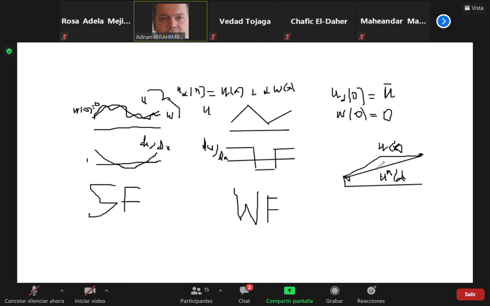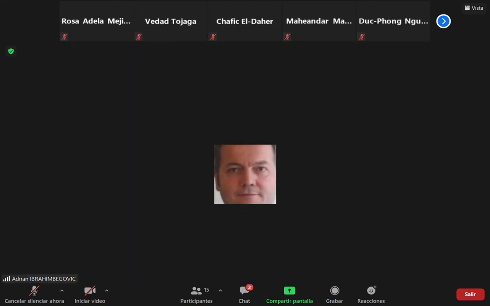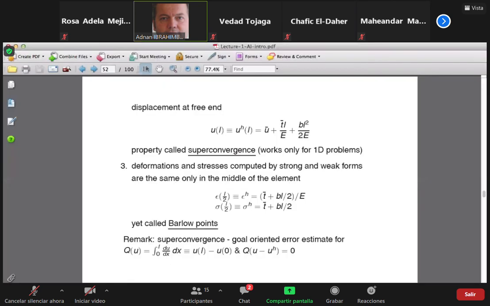Also, the slope of this thing and the slope of that thing, it's not very nicely written, should be the same. And this is precisely what these superconvergence properties should imply. That could be shown in this book, there's something to prove that from error estimates and so on, so I'm not going to dwell on that.